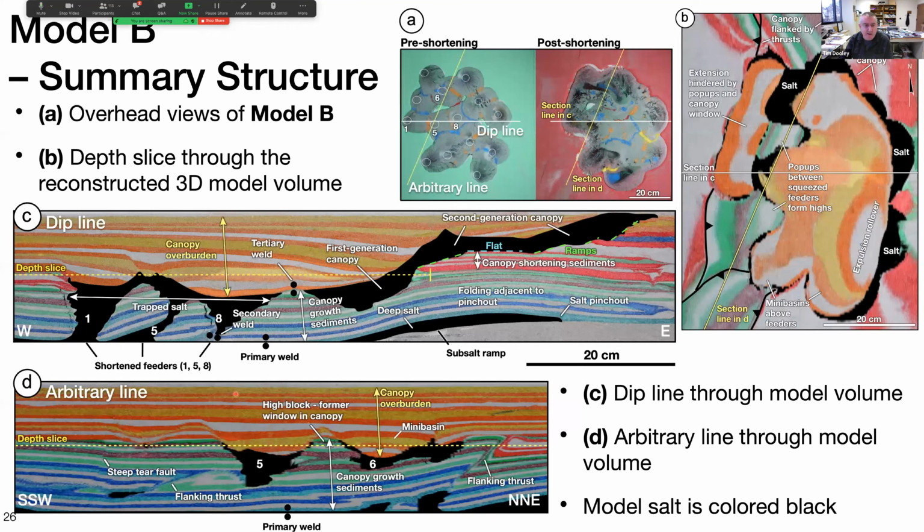areas here. Then our actual arb line here, we go through the edges of the canopy system, through the flanking thrust systems, then into our areas here showing trapped salt in fader 5 and fader 6 here, and out then again to the other edge of the actual canopy, out here.